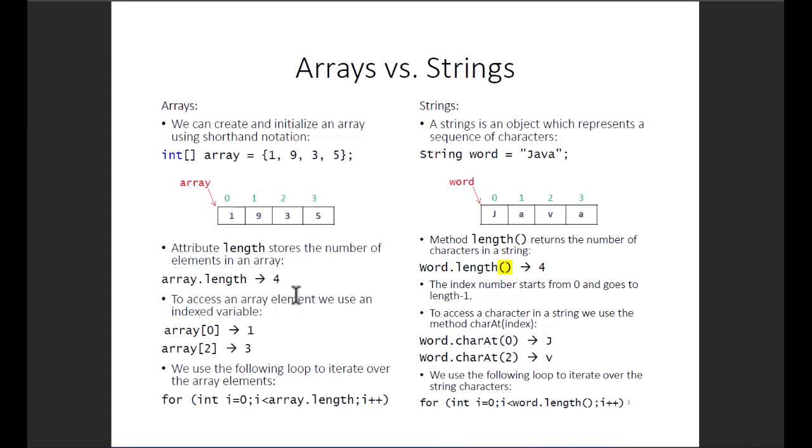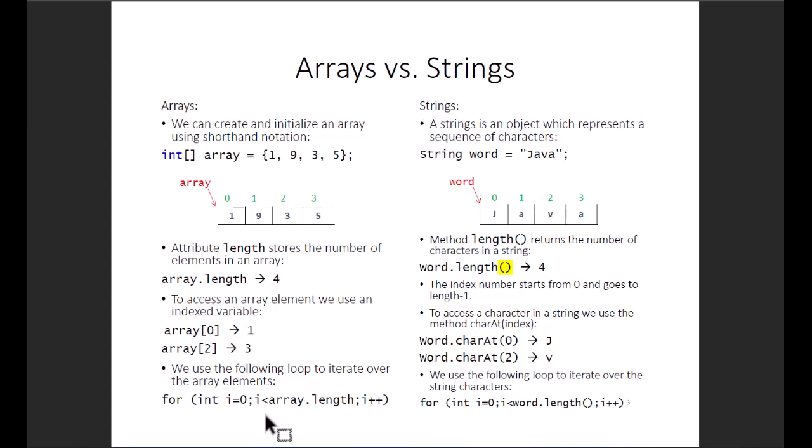Now to access a single element, you see array at 0 is 1, array at 2 is a 3. For a string, you use a method. So word.charAt, and then you give the 0, this will give you the J, this will give you the V. Now note that this V is lowercase, okay? This is the same as this V over here at index 2.